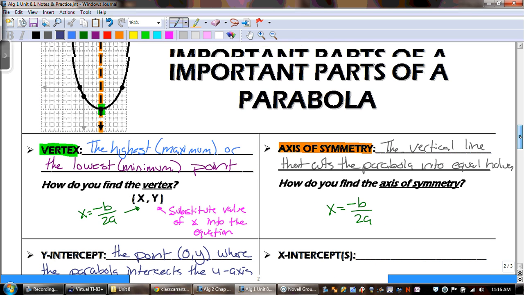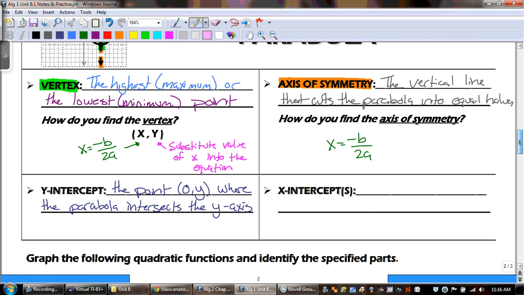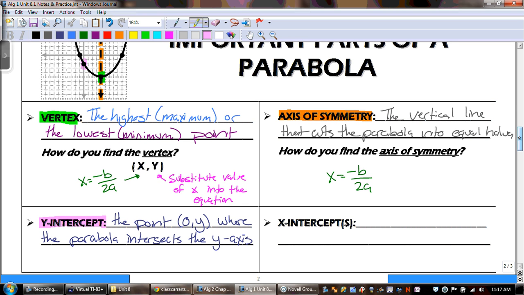So where in the graph does it intersect the y-axis? That would be right there. That is our y-intercept. Notice there's only one y-intercept.